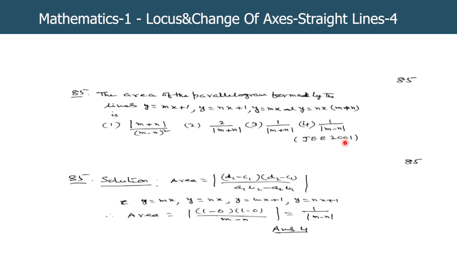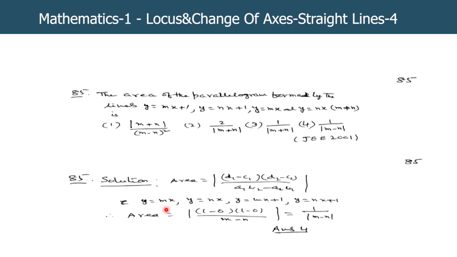Okay, and we know that the area of a parallelogram whose sides are a1x + b1y + c1 = 0, a1x + b1y + d1 = 0, a2x + b2y + c2 = 0, and a2x + b2y + d2 = 0 is nothing but modulus of (d1 - c1)(d2 - c2) by (a1b2 - a2b1).